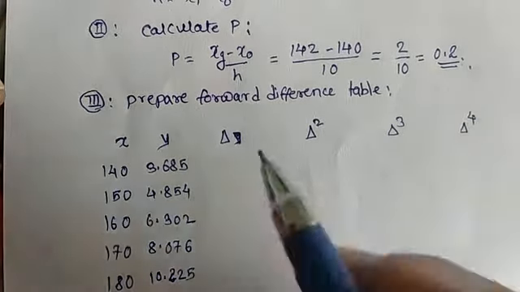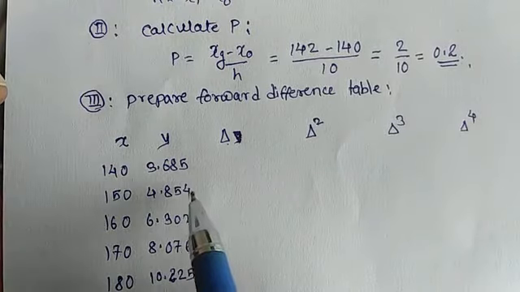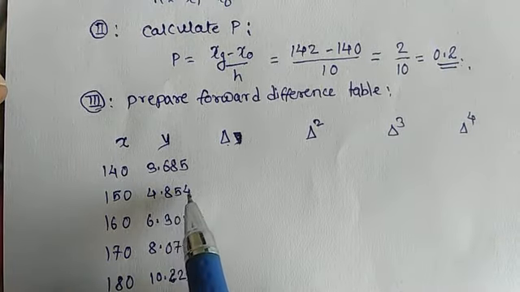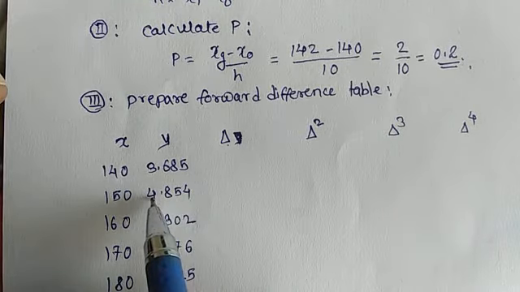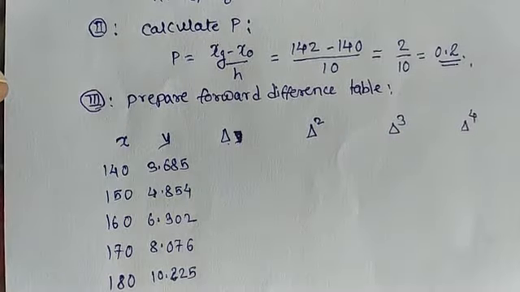Next, the first difference. Here del means our first difference, and we will find the value of del by subtracting the value of y0 from y1.